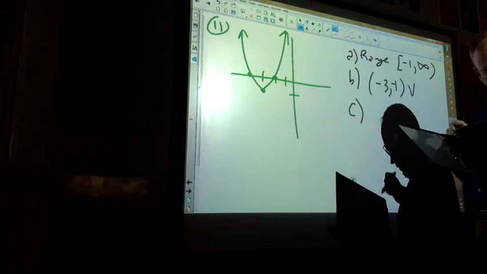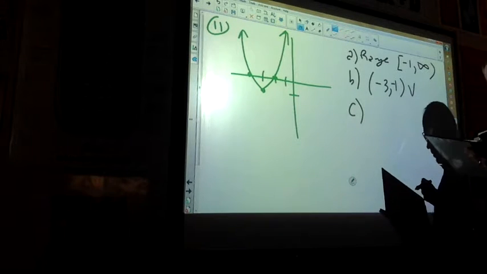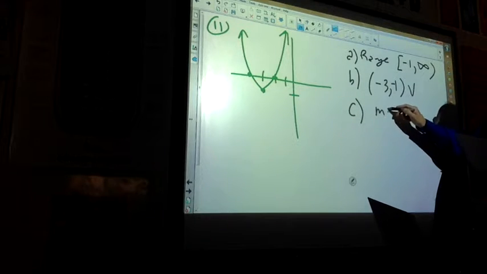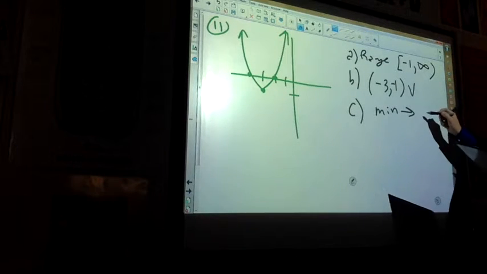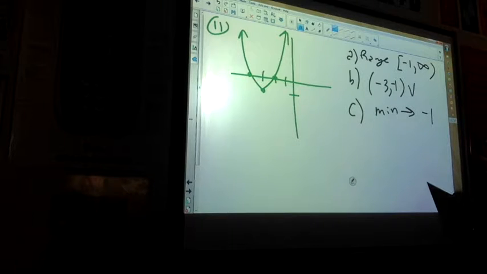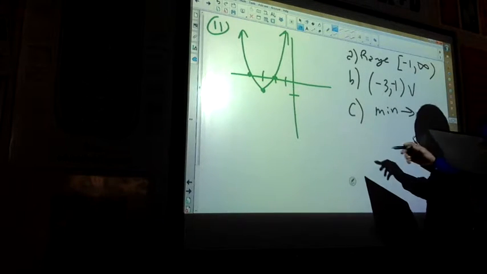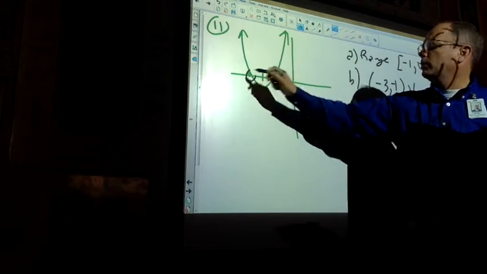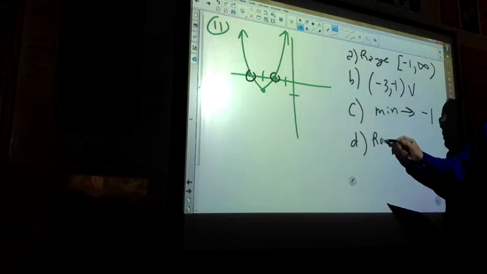C. Is it a max or a min where the vertex is at? It's a min, and what's the minimum y value? There you go. D, the values which is equal to 0, so that point and that point, so this will be my roots.